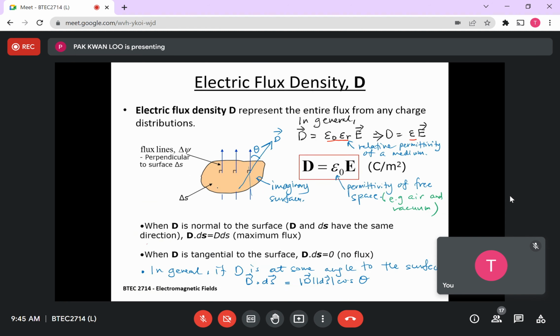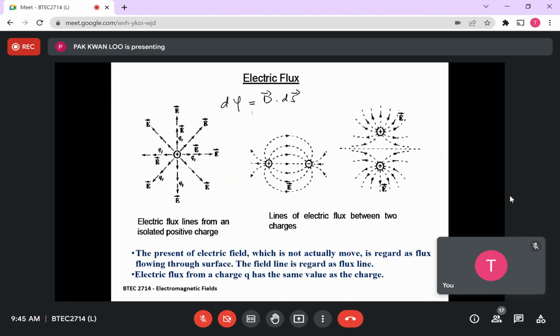So which is our definition here. And therefore, the integral of psi is actually the integral of D dS, the integral of this term here.